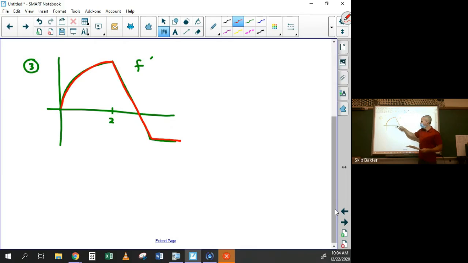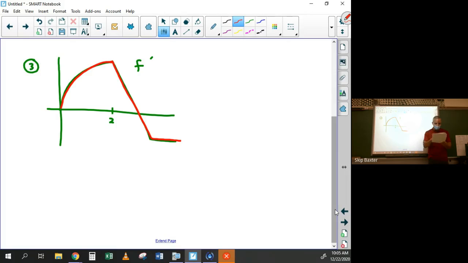This is a semicircle or a quarter circle. So yes, the derivative exists at 2, and it equals 2. So if the derivative exists, then it has to be continuous. So that's why A can't be true. B, same thing. F is differentiable at 2. The derivative is 2. Does that make sense?